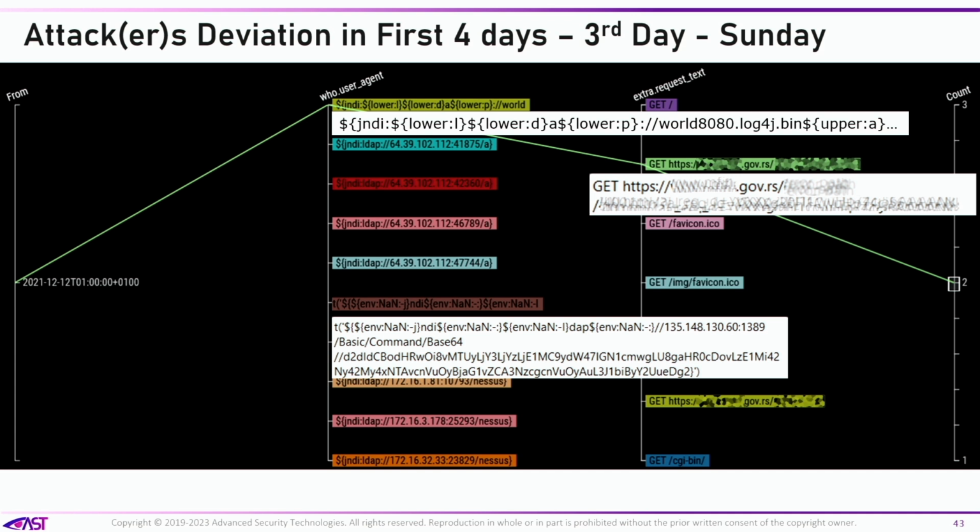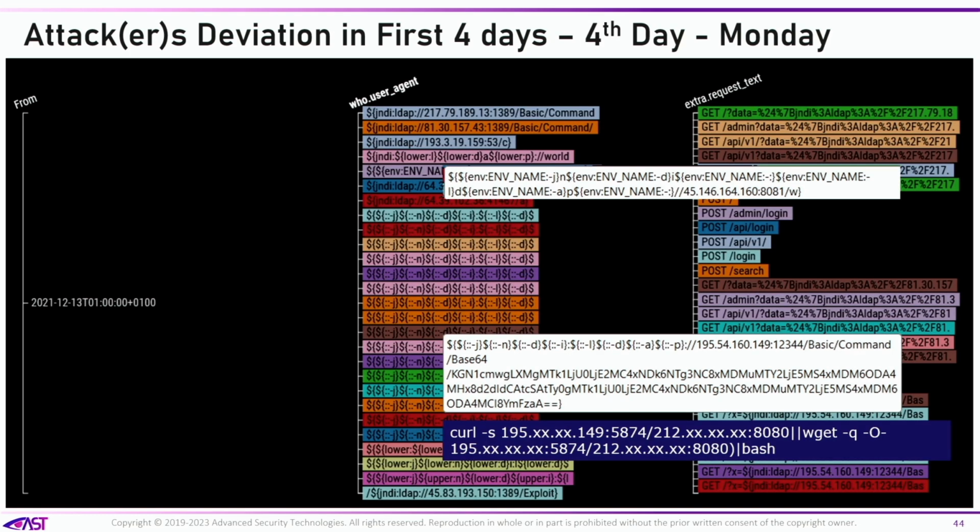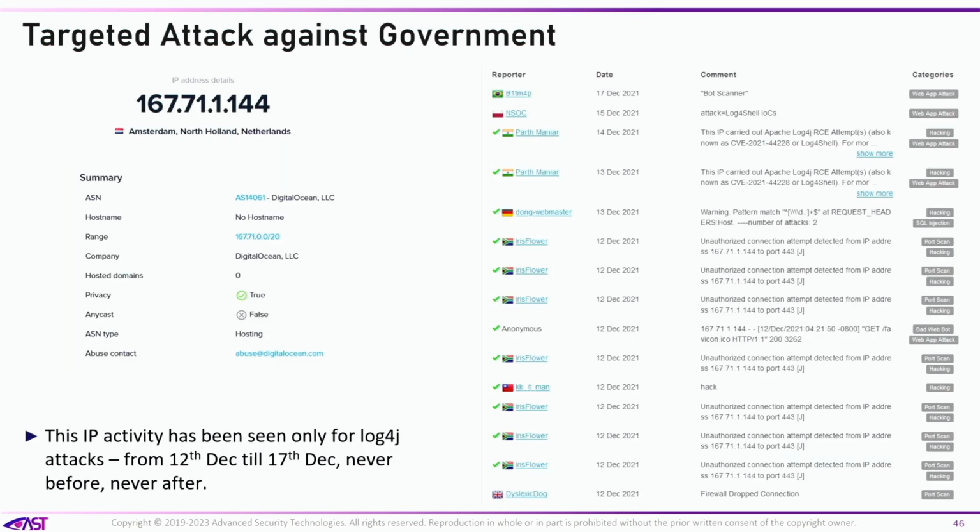They have been adding characters to obfuscate, so the firewalls cannot easily see that it is a log4j attack, like adding a lowercase L or lowercase D. This is the IP that has been attacking Serbian government sites from the 12th of December till the 17th of December, and has never been seen before or after that.